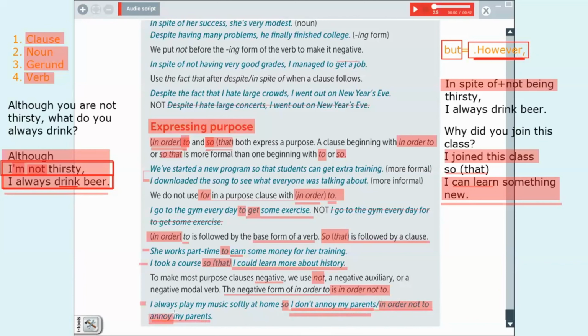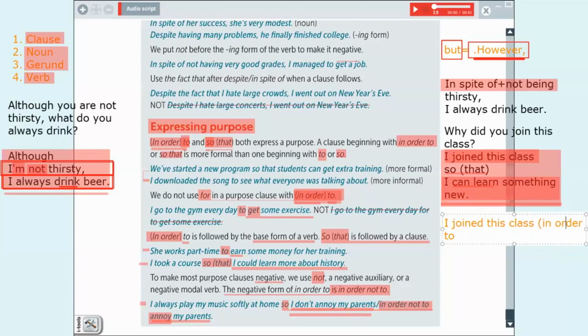Clause, verb. So in your previous sentence, I joined this class so that I can learn something new. Let's include "to" or "in order to". How can you modify this one, but now using "in order to"? I joined this class to learn something new.